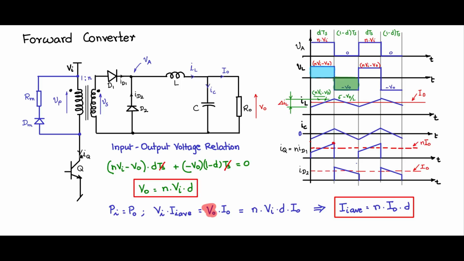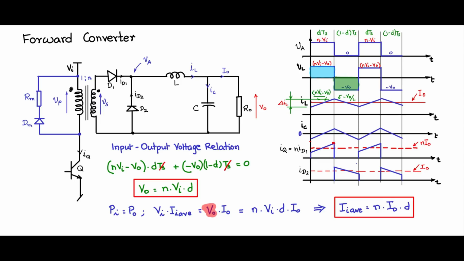When the switch is on, the voltage across VP is VI, flat, and across the secondary it will be N times VI. And when the switch is off, of course the freewheeling portion will come, and the area will be same as VI into DTS during the portion of the time 1 minus D TS.